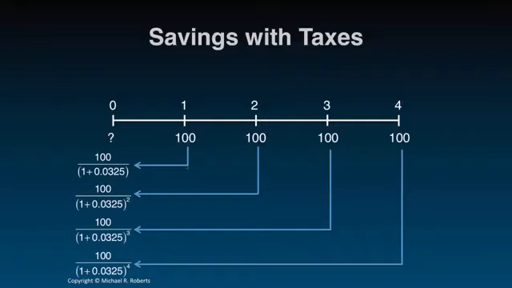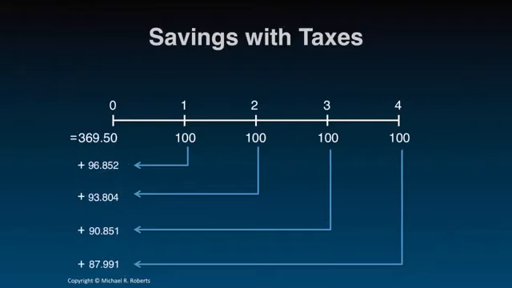So now when I discount all of these cash flows back to today, I'm going to use RT, which equals 3.25%, instead of the R, which equals 5%. When we do the arithmetic and add all these numbers up, we get 369.50, a number that's bigger than the 354.60 we originally found with the 5% discount rate.